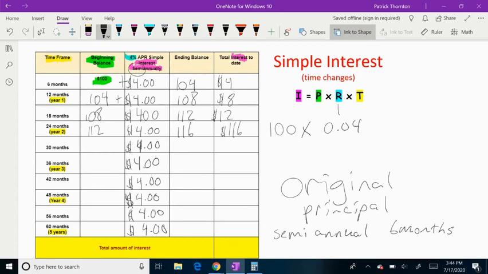So again, I'm just adding across now. So I can keep going down here all the way down. I'm just going to do my math a little more quickly here so we can get through this. $120, $120, $124.